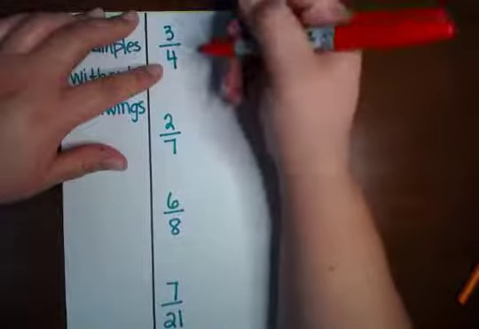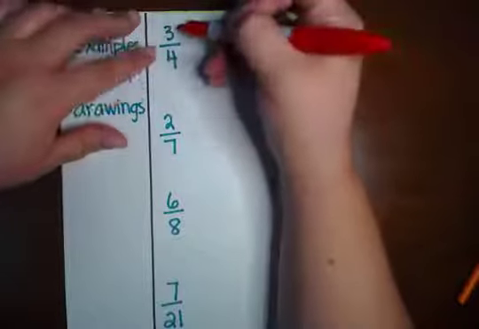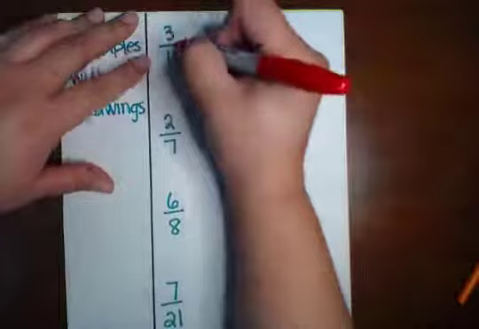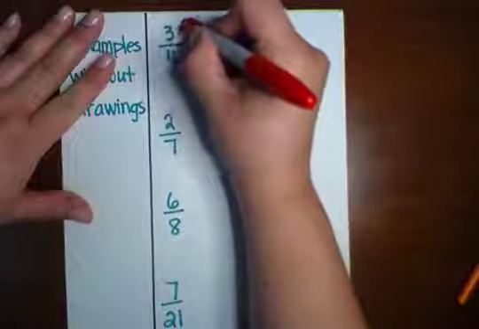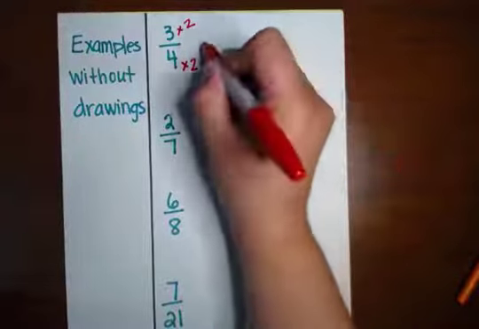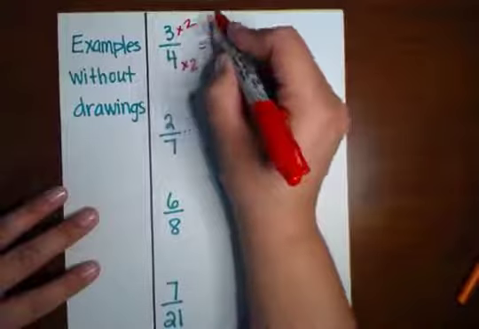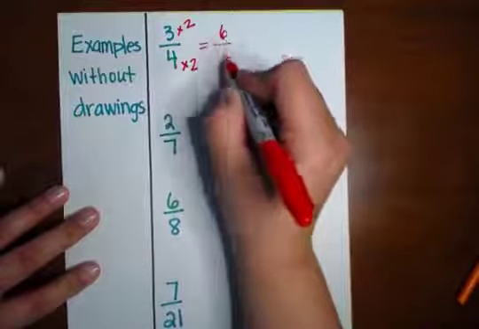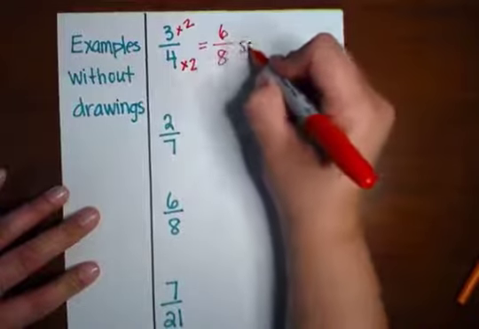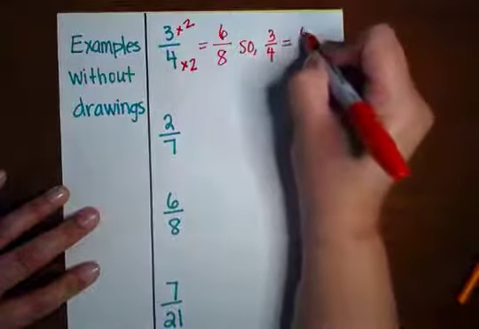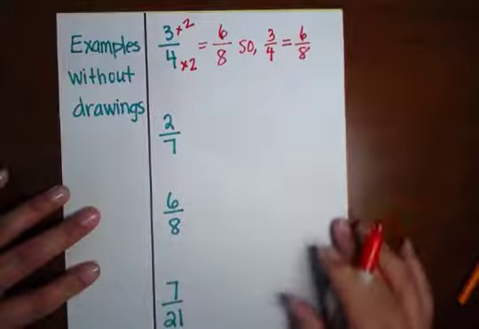And you also don't want to multiply by 1, because if I multiply by 1, I'm going to get the exact same fraction. So I'm going to take 3 and multiply it by 2, and whatever I do on the top, I have to do on the bottom. So 3 times 2 is equal to 6. 4 times 2 is equal to 8. So 3/4 is equal to 6/8.